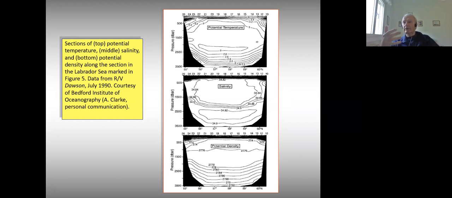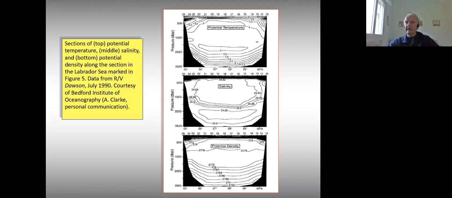How does it look if you do the temperature and salinity measurements in the area right after the vertical mixing? What would be the pattern of the potential temperature? This is the cross section of the potential temperature across this patch. You remember this page, what we were talking about?